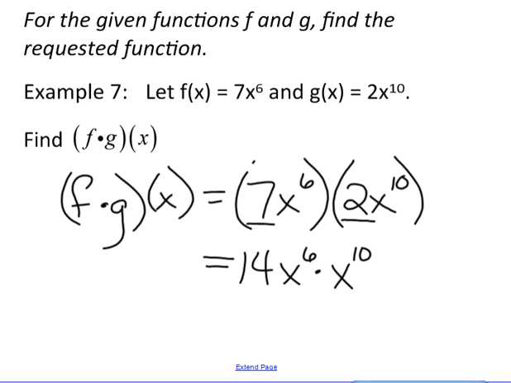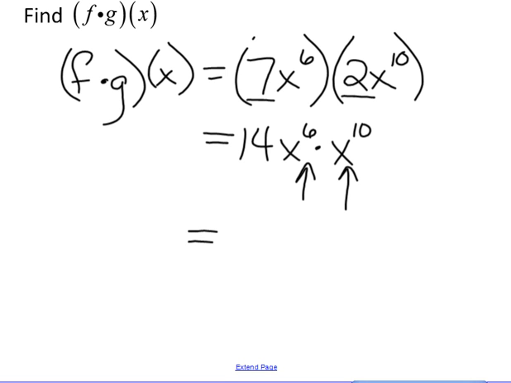Now again, rules for exponents. You could remember the rules for exponents, but think about what's going on here. We have x to the 6th. What that means is I'm going to have x times x 6 times. And this one is x to the 10th, so that means x 10 times.